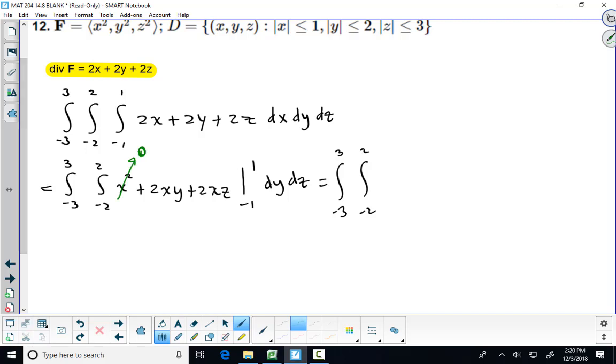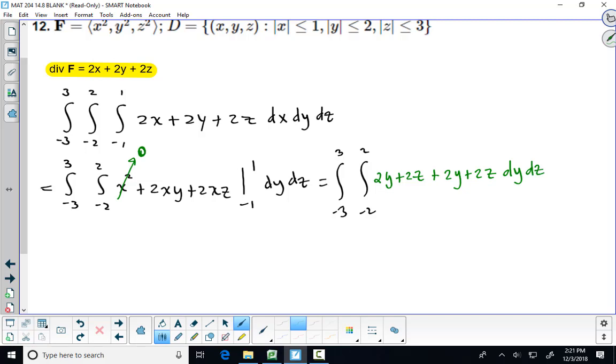Yes. Plug in 1, subtract off what you get when you plug in -1, so that part goes to 0. So we get 2y plus 2z minus what happens when we plug in the -1, so then it's going to be plus 2y plus 2z, because you're subtracting a negative.